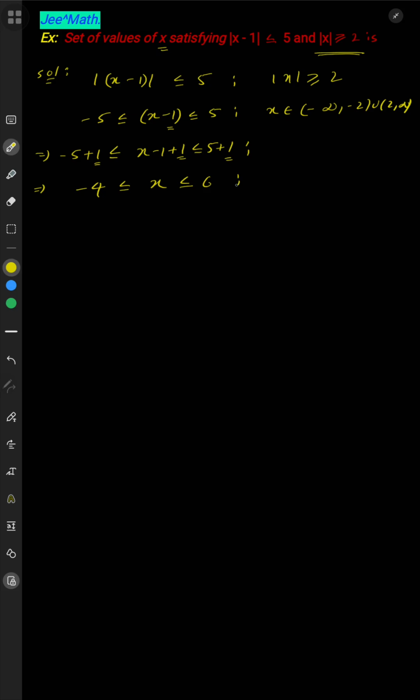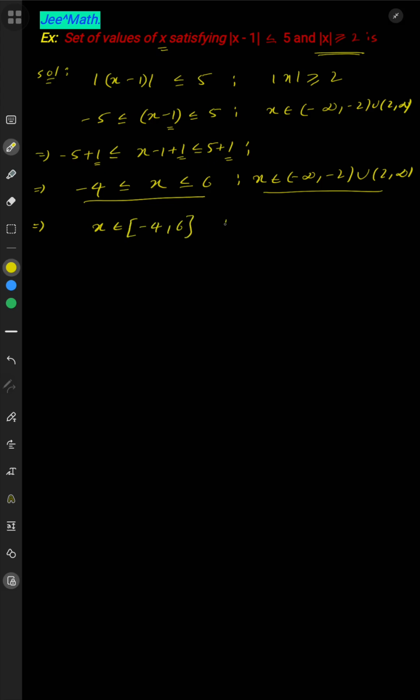So here x belongs to (−∞, −2] union [2, ∞). We need to take the common values of these two intervals. So which values did you get? The values are from −4 to 6.